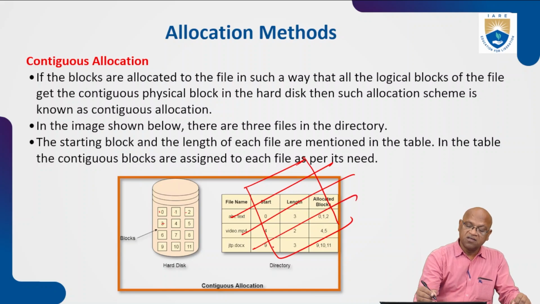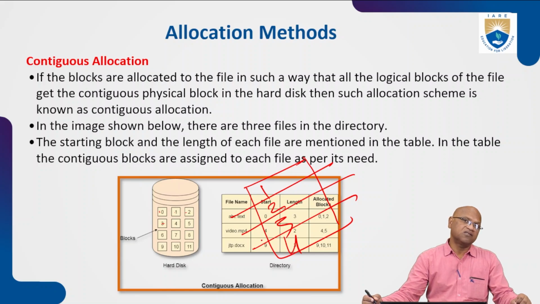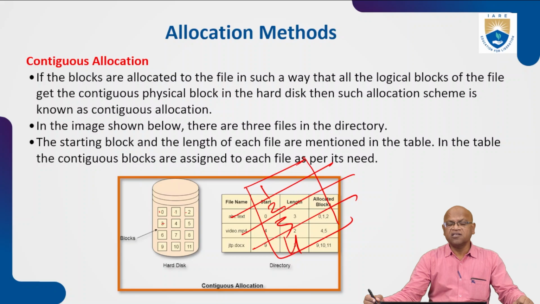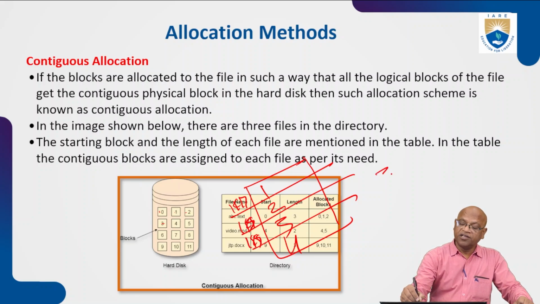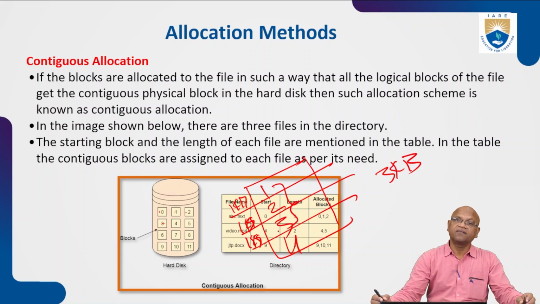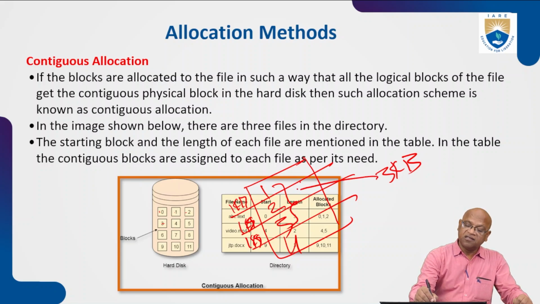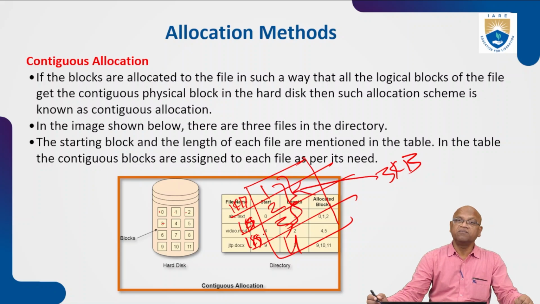Here, if any file is saved continuously, suppose each block size is 1 KB, and any file is having 3 KB, if 3 blocks are free, nothing is saved in these blocks, we can save this file in these 3 blocks.